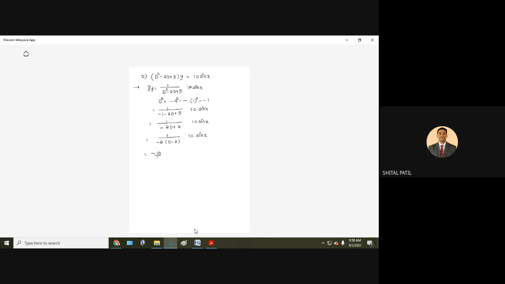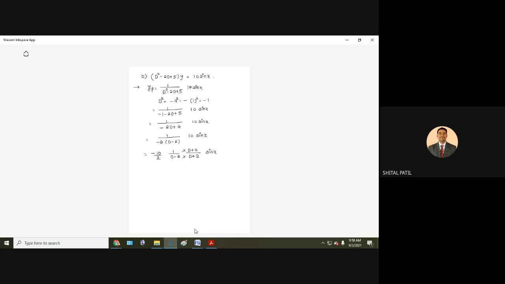Let me make some simplifications. 10 by 2, I am writing the constants outside. D minus 2. So multiply the numerator by D plus 2. Multiply the denominator by D plus 2 and operate it on sine of x.